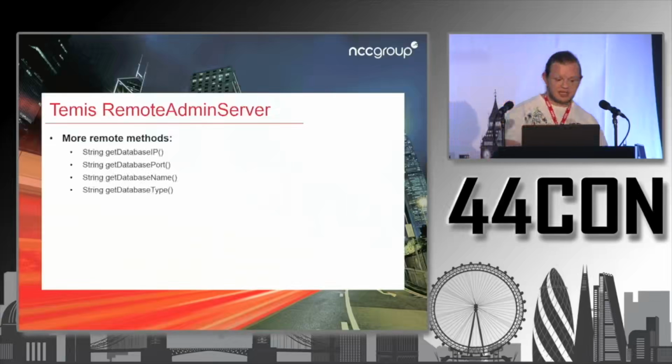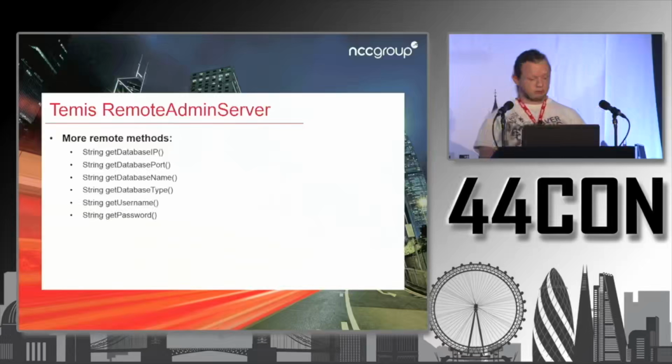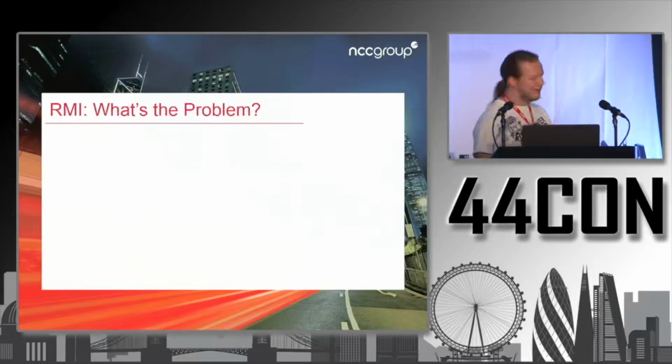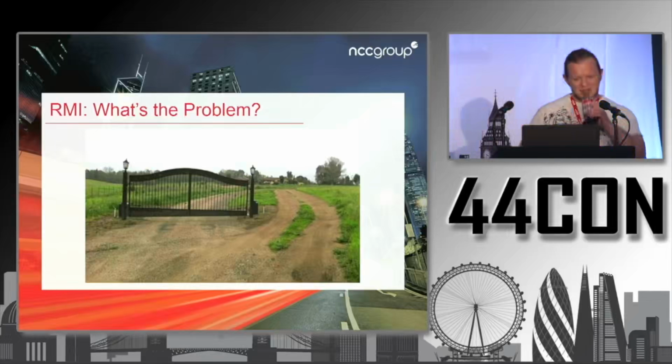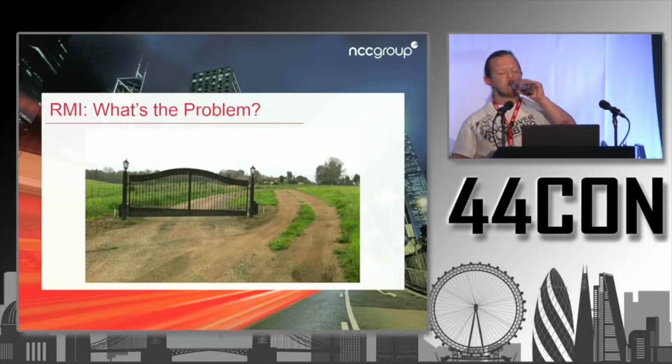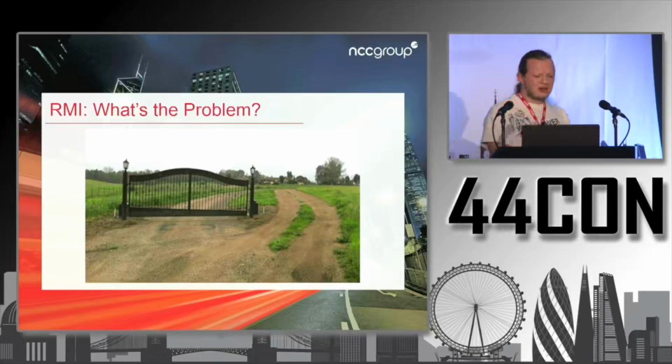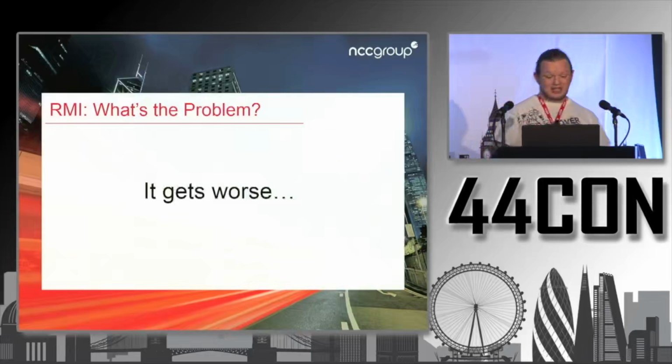Get the database configuration there, standard stuff, but username and password for the database, okay. So what's the problem with BaRMIe? Well, we've kind of got this. We've got all these authenticate methods, but we just walk around. But it actually gets worse than that.